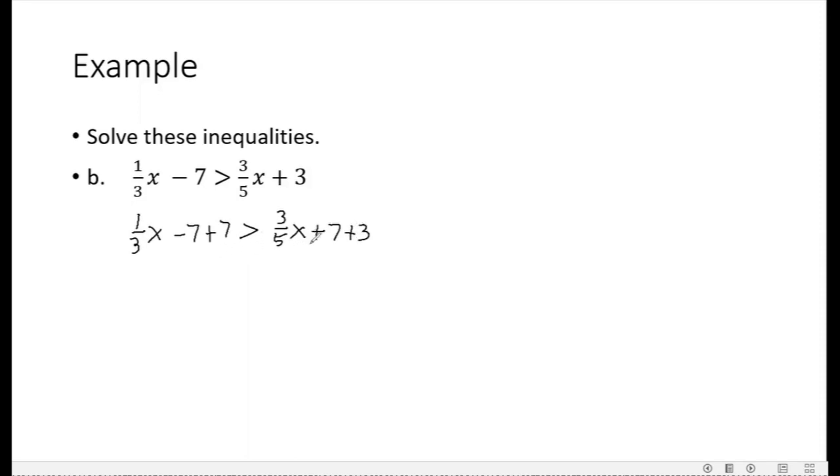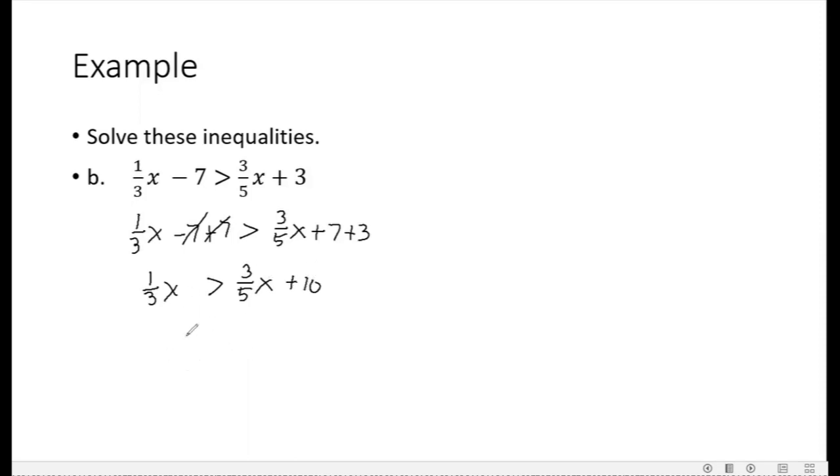So we added plus 7 on the left and right. Bring down 1/3 x, then minus 7 plus 7 is 0. Then greater than 3/5x plus 7 plus 3, and that is plus 10.